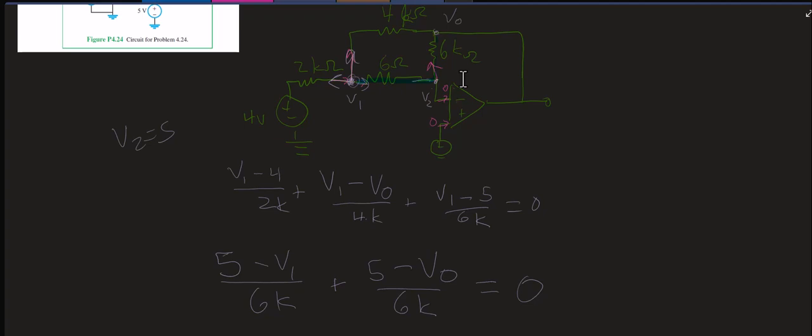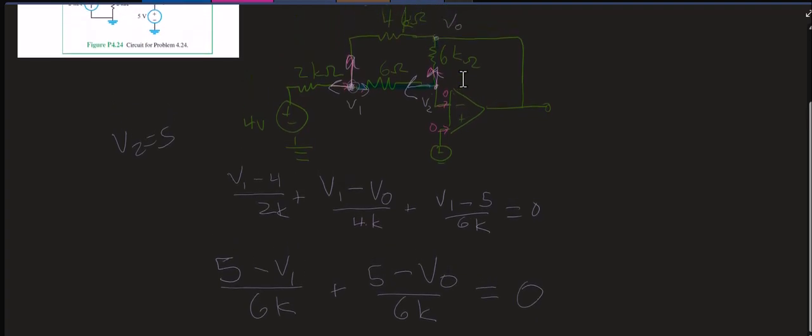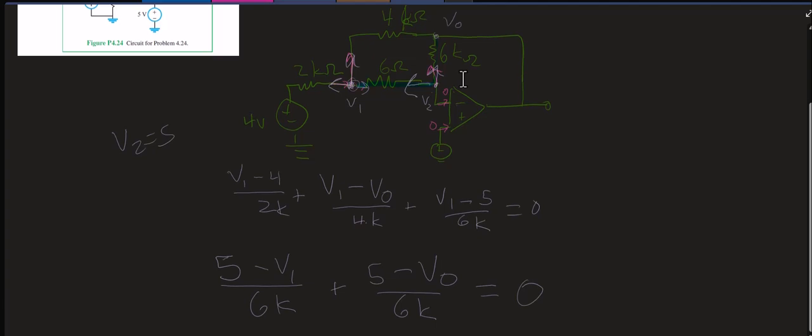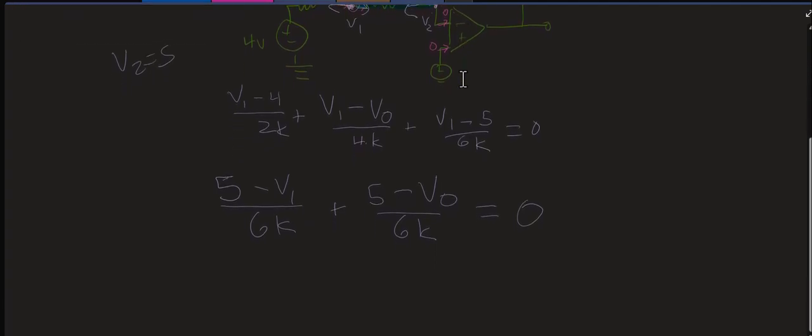So I did the current going this direction and this direction, and the current going down was 0. I'm not going to do a separate equation for V out because I don't need to. I already have 2 equations and 2 unknowns.